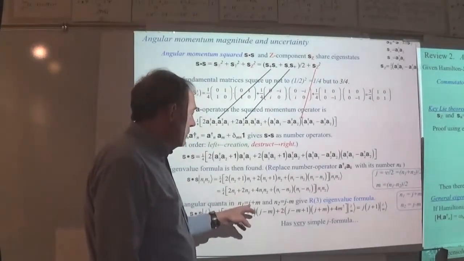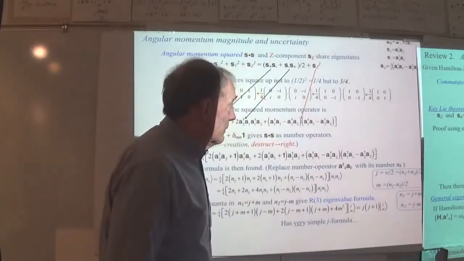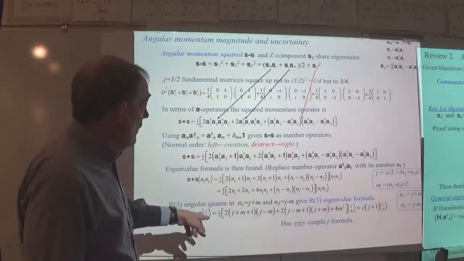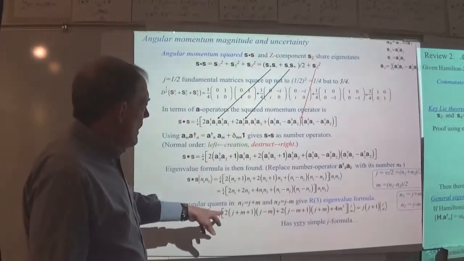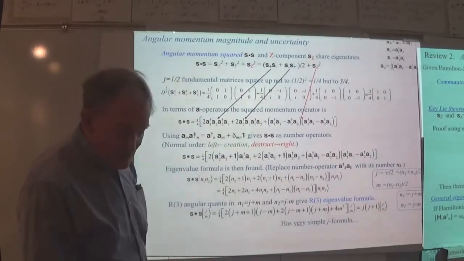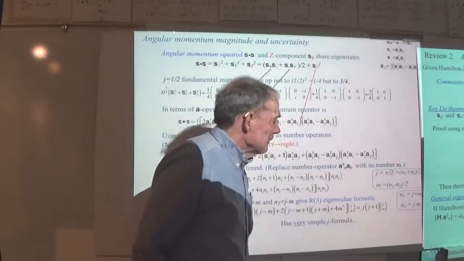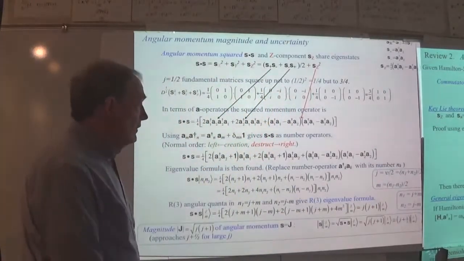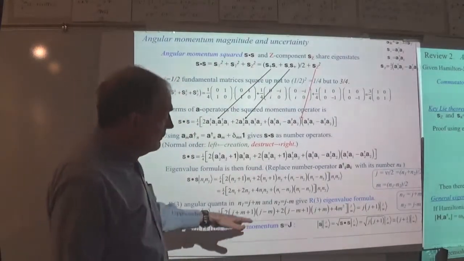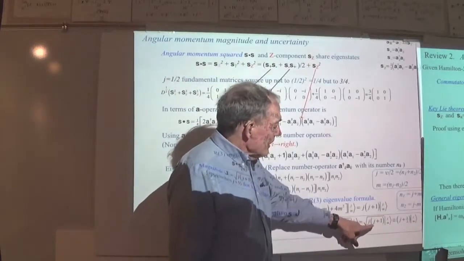You put in n1 equal j plus m and n2 equal j minus m, as we've been talking about here, and you end up with this. But it looks like a complicated formula if you look in there and just say, okay, I've got some m's here, but they should cancel out, and once you get rid of them, it's pretty simple. You get a very simple result here, j times j plus 1, and that is what we need. So this is something we have to discuss. What's the significance of that little extra j that's added to j squared?